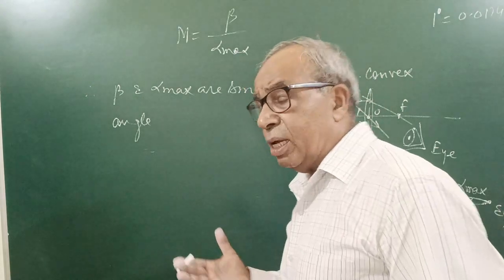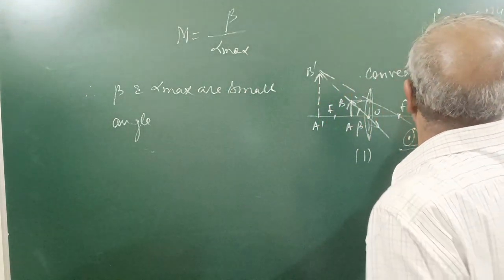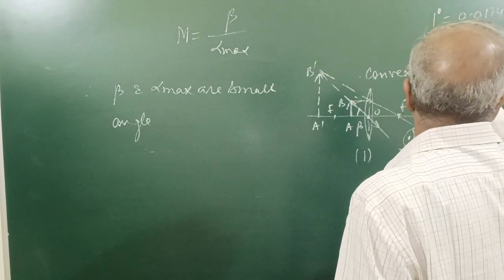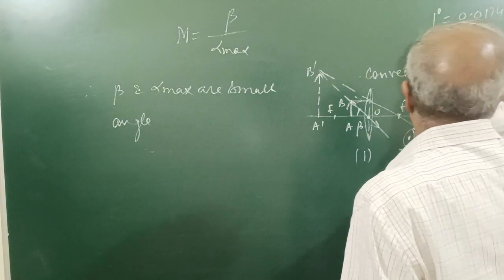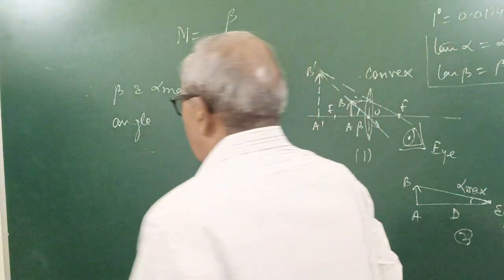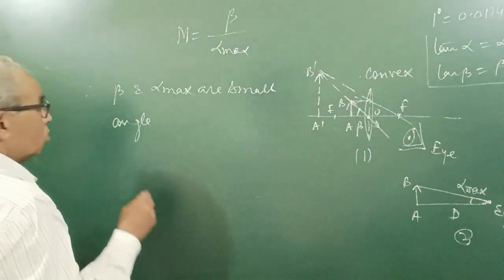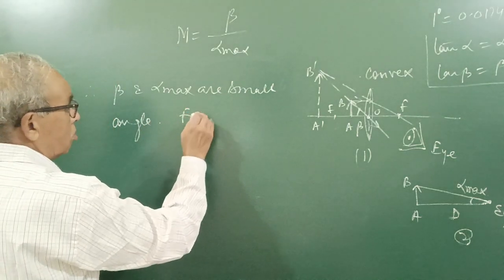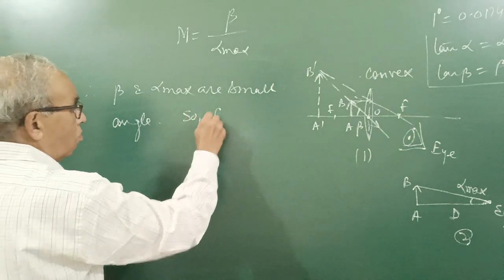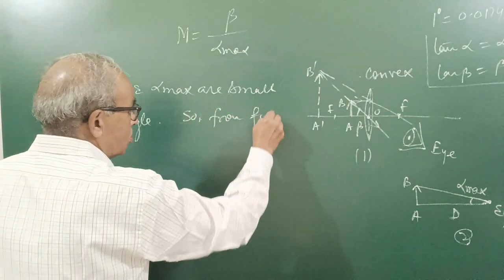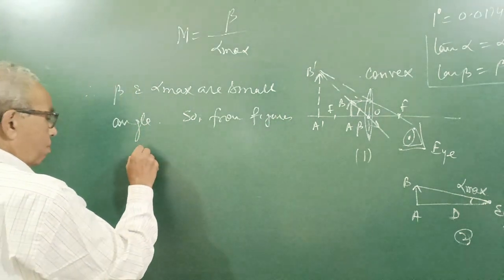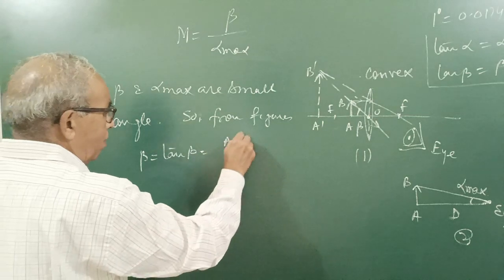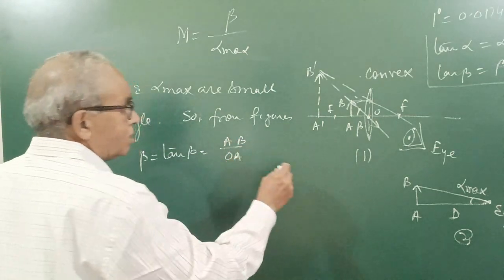When alpha and beta are small, tan alpha is equal to alpha and tan beta is equal to beta. So from the figures, beta is equal to tan beta, which is equal to AB upon OA.